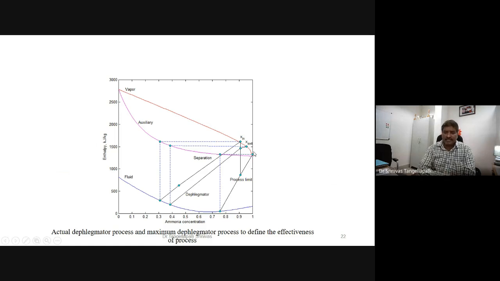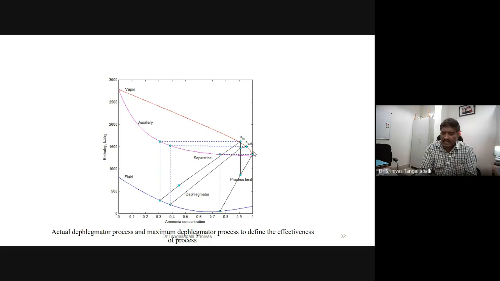So as I gave the example, 80% to 95% is actual, and 80% to 100% is maximum. Then the effectiveness of this depleting matter you may calculate by (95 minus 80) divided by (100 minus 80). Is it correct? So you may calculate this effectiveness of the depleting matter according to the given conditions.